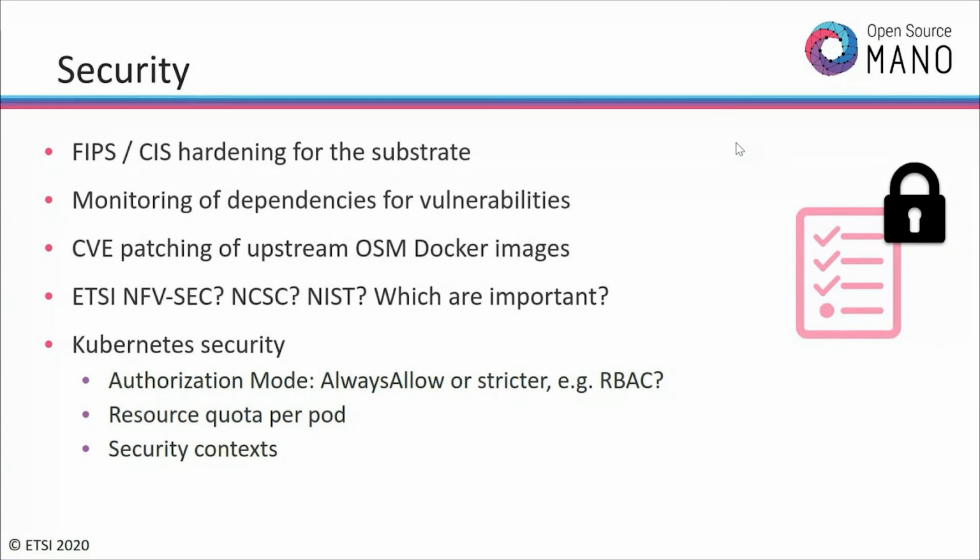So we need to think of security contexts with the customers in order to say what are the proper rights to allocate to different users or groups, and what are the actions that we want every group to be able to do so that we can protect the substrate from any malicious attacks.